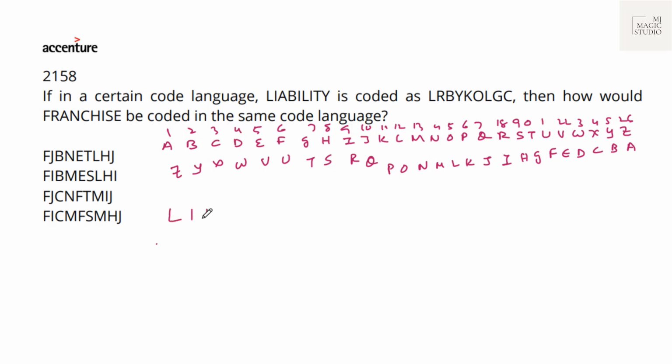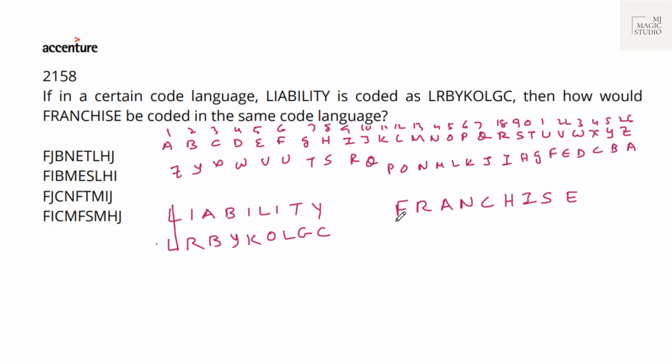In this, they have coded LIABILITY as LRBYKOLGC. And now we need FRANCHISE.